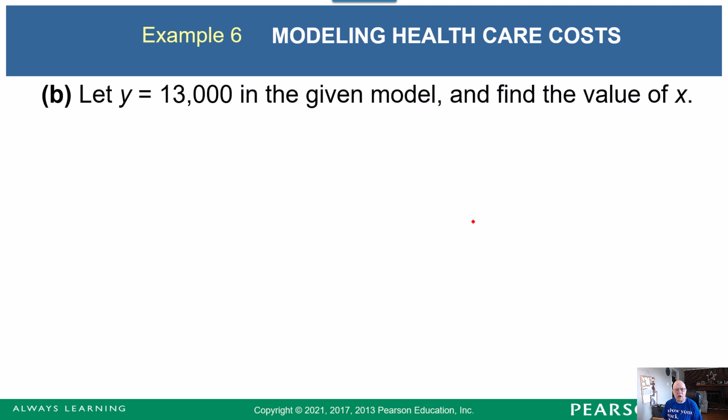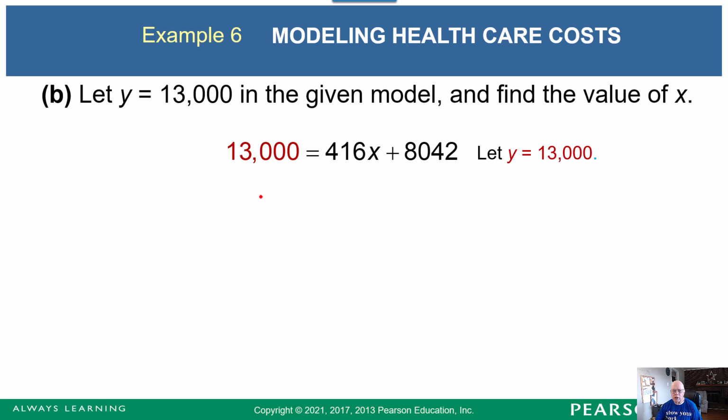Part B. We wanted to know when the expenditures would be 13,000. So the 13,000 will go in for where the y is in the model. X, we don't know. X is going to be the number of years after 2010. We're going to solve that and find out what x represents.